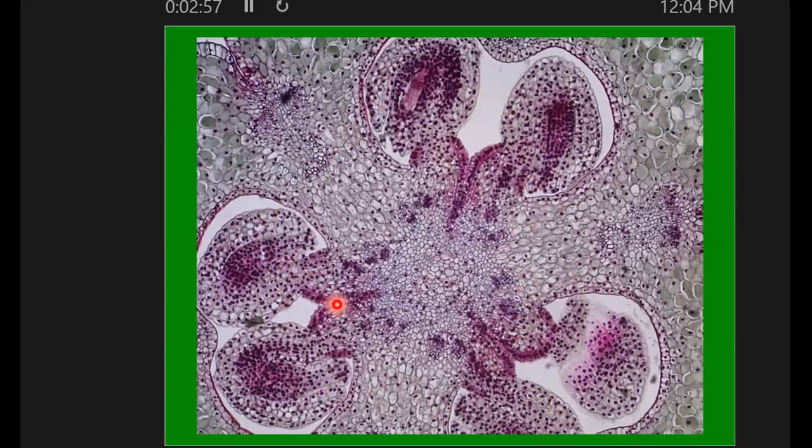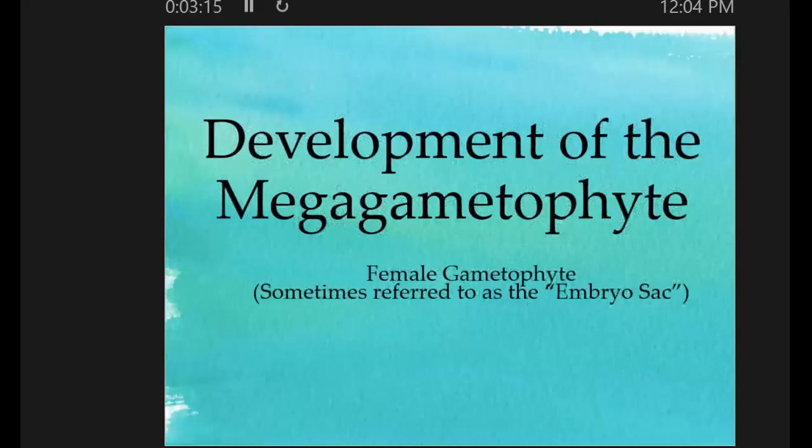So what we're going to do is essentially zoom in now and look at how the megagametophyte is going to develop in these ovules. How's that going to happen? What you're seeing here is pretty early stages, not a whole lot going on. So we need to think about how the megagametophyte, or the female gametophyte, develops. Now, in the angiosperm realm, many plant biologists use the term embryo sac.